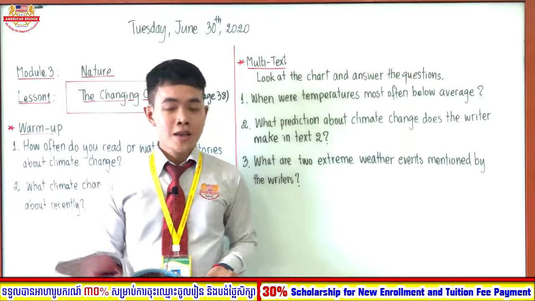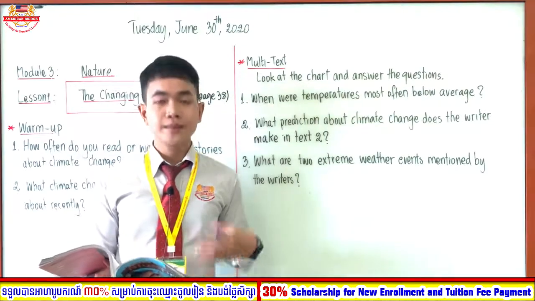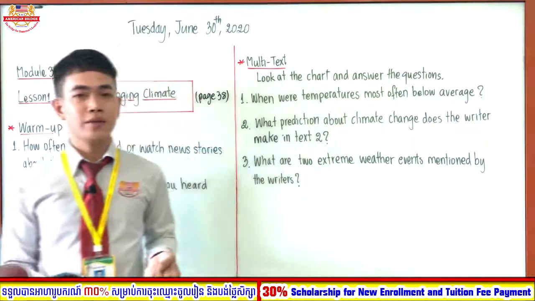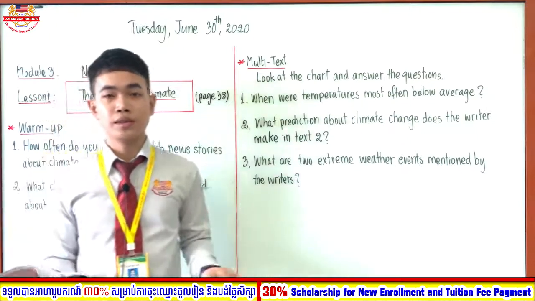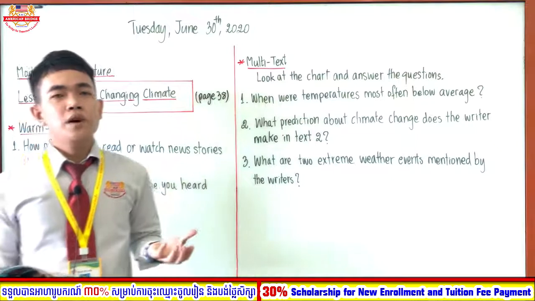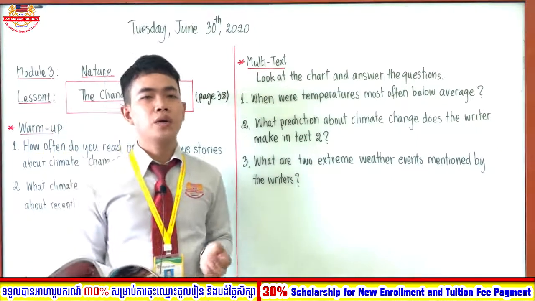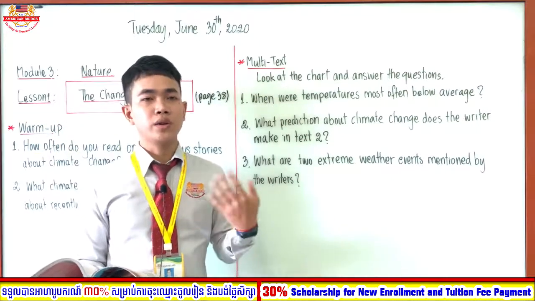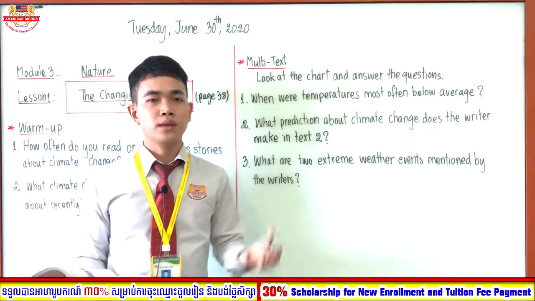Okay, finished. Let's talk more about the text you have just heard from our speaker. Text 1 is about how the climate is going to change and what caused the climate change.